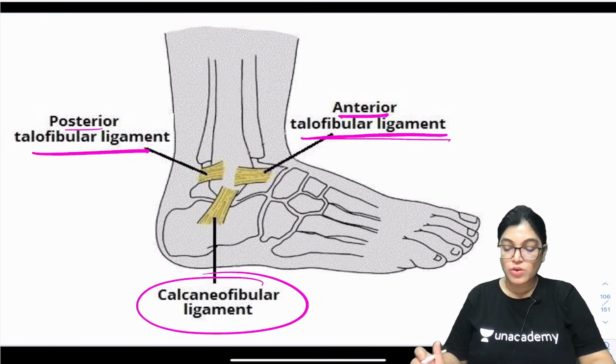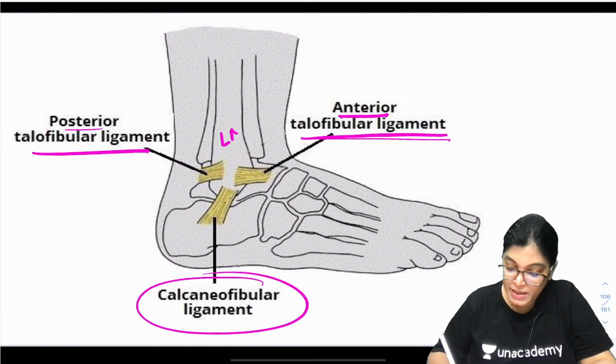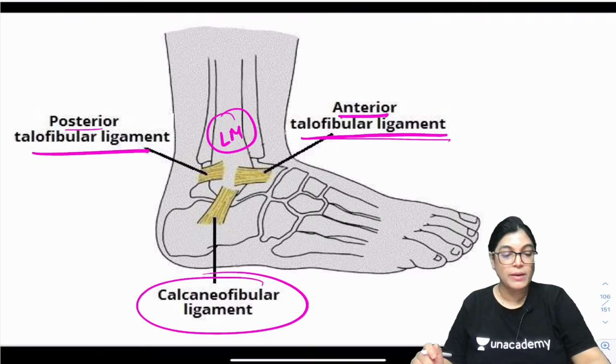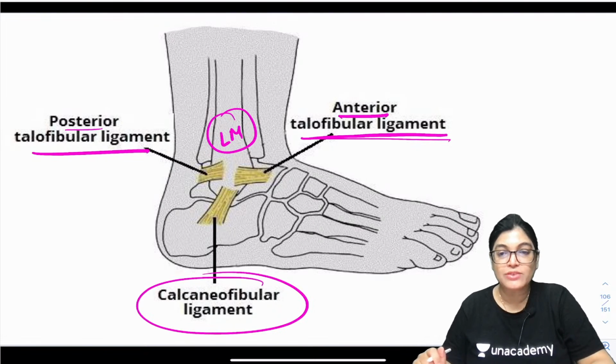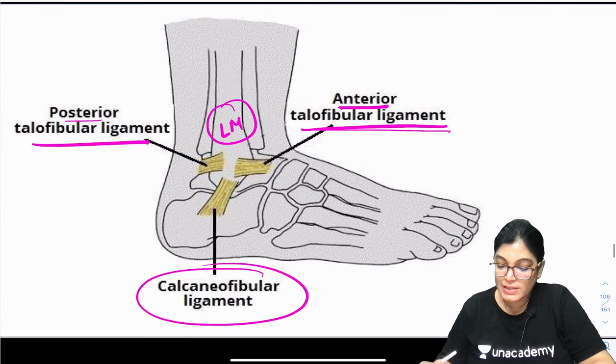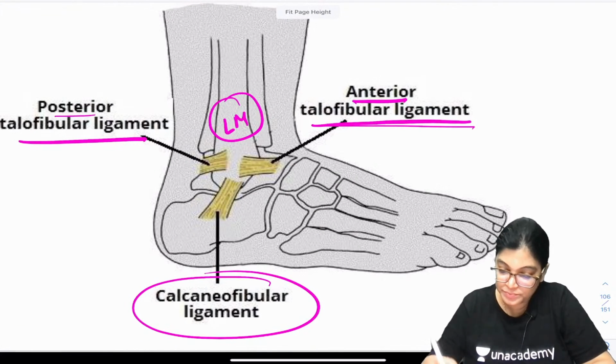It has three parts. The proximal attachment is the same for the whole ligament, the lateral malleolus, which is the lower end of the fibula. Thereafter, it diverges in three directions.